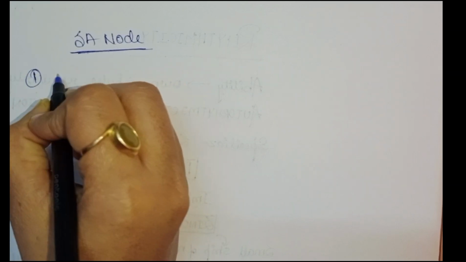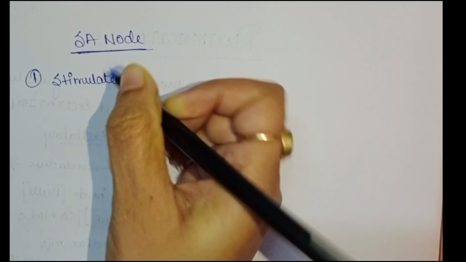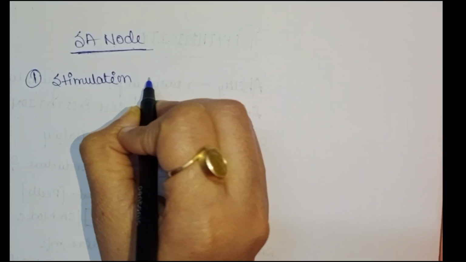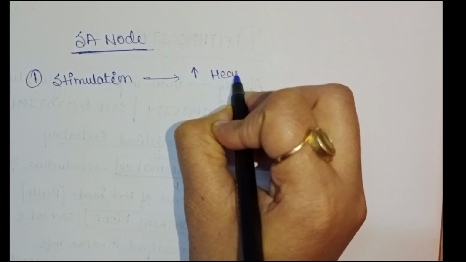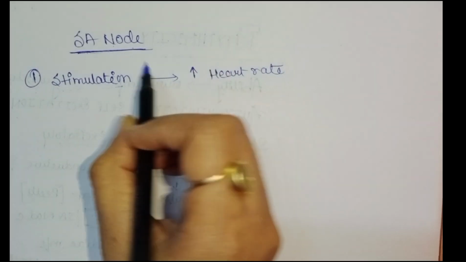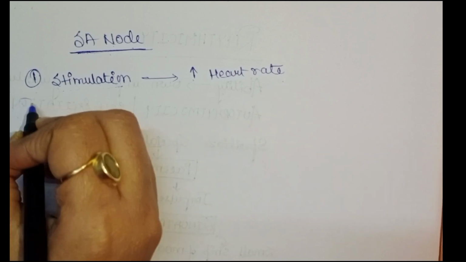Like, if you stimulate the SA node, that is, stimulation of the SA node accelerates the heart rate. If you stimulate the SA node, there is an increase in the heart rate.